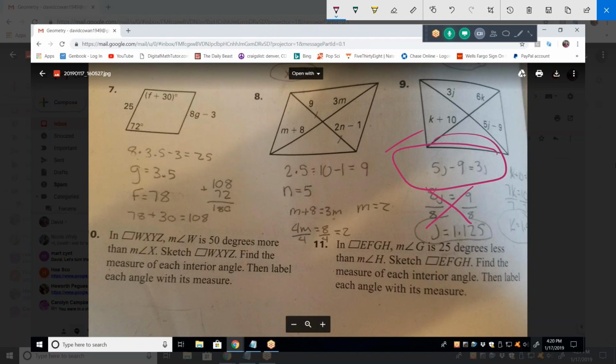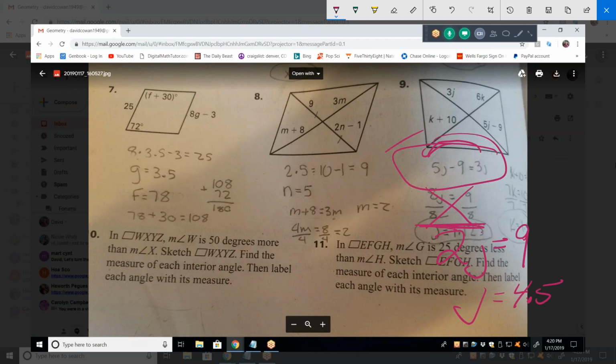In other words, if I move this 3j over to here, I got to subtract 3j from both sides. I'll be left with 2j. There's my positive coefficient. So I'm going to move that 3j to the left, and means I got to move the number to the right. There you go. J equals 4.5. Okay.